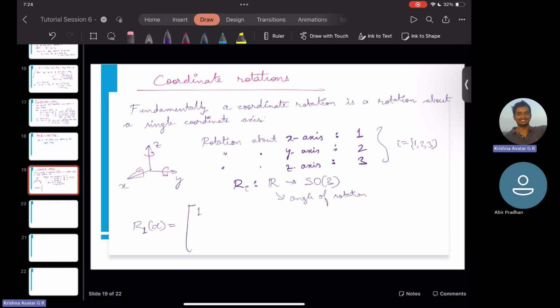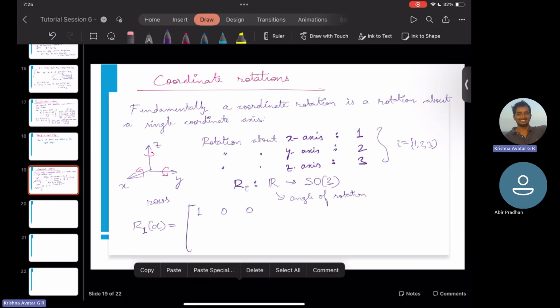So the idea is that the rows of R1, rows, that is what I hope we do not confuse with roses, will be the representation of the rotated coordinates in terms of the world coordinates.